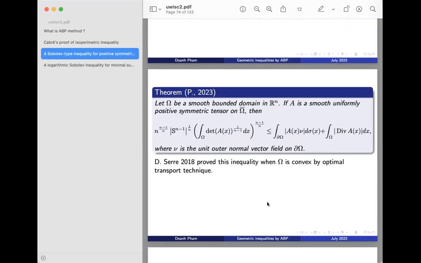Of course, in the proof you use the PDE, so you need A to be positive, but just forget about the method of the proof and look at the statement, then all you need is that the determinant of A is positive or something like that, right? Yes, you are right. So are there any ways to weaken the positive symmetry of the tensor A?